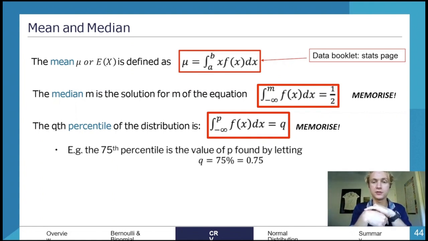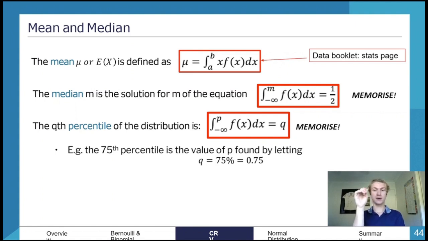Often you are asked to solve for the median by integrating, because we're talking about continuous random variables using probability density functions. We can integrate between the lower bound, negative infinity, and m. M is what we define as the median. We let the other side of the equation equal half, because we know the probability that the x value is going to be less than m is half. You can also go from m to infinity, or the upper bound, equals half.